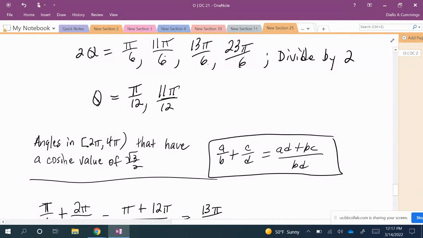Basically what I'm doing is just multiplying the denominator by 2. So my other 2 angles are 13 pi over 12 and 23 pi over 12.